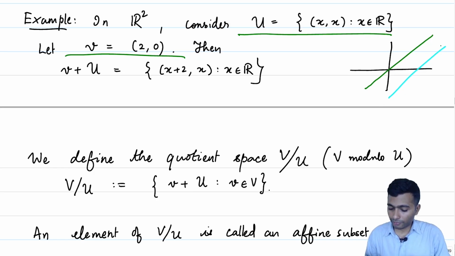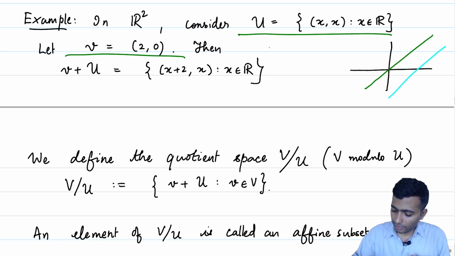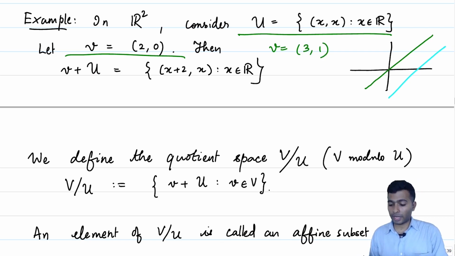If instead of 2 comma 0, we had started off with, say, v equal to 3 comma 1, my claim is that we would have ended up with the same affine subset. It is for you to go back and check that there is nothing unique about the vector with which we have translated it. It can happen that two different vectors give us the same affine subset. Our next question is to answer when can that happen.